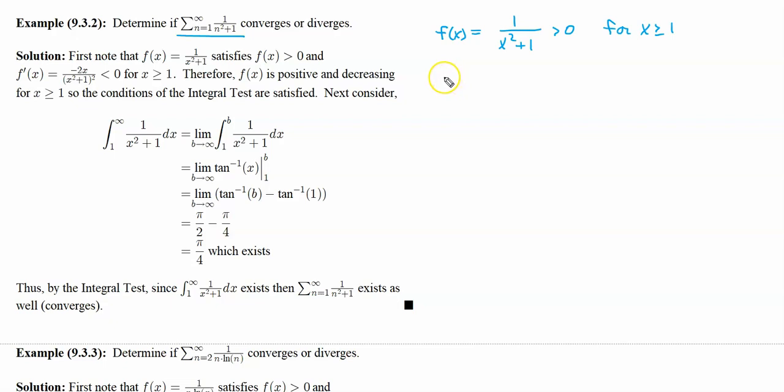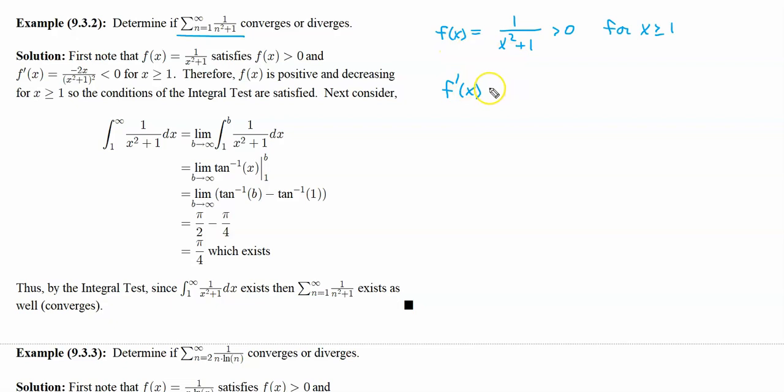Well, if you think back to the first derivative test from Calculus 1, a function is increasing where its first derivative is positive and decreasing where its first derivative is negative. So we need to verify that the derivative of this function is negative. Then that will mean the original function is decreasing, and that's what we want to verify.